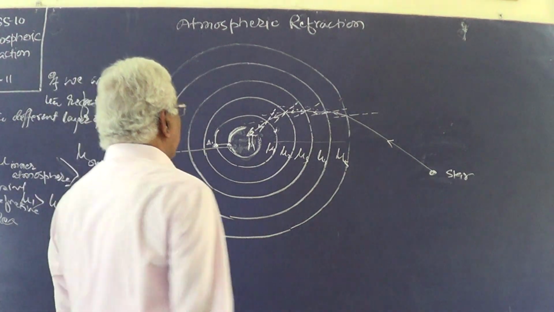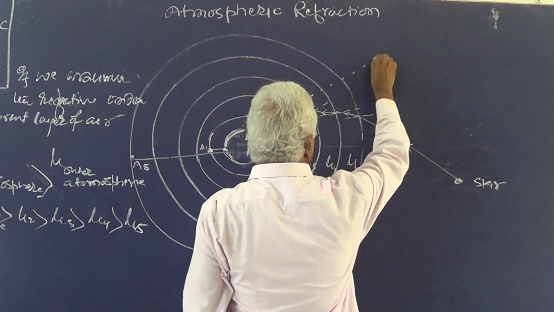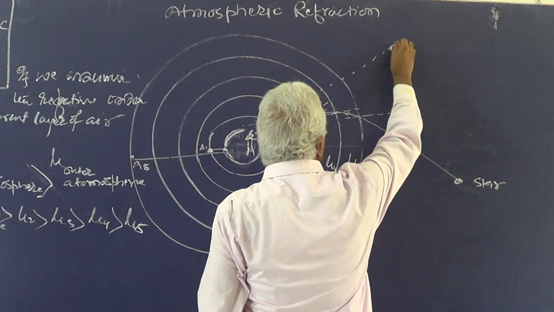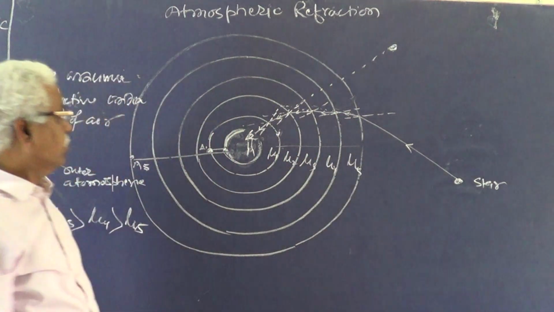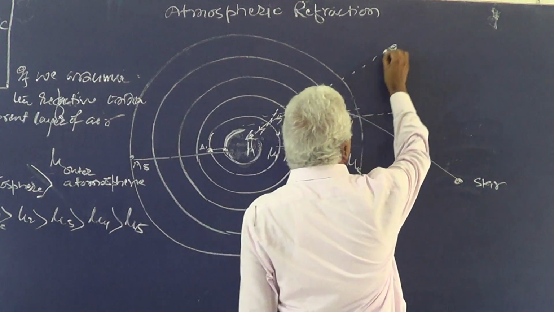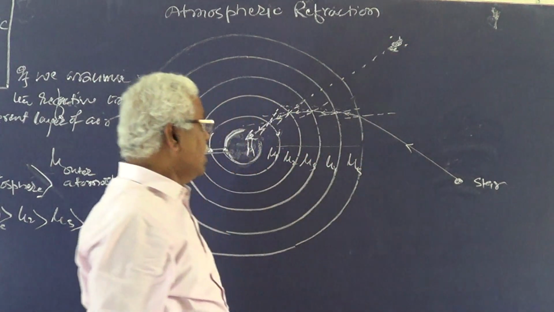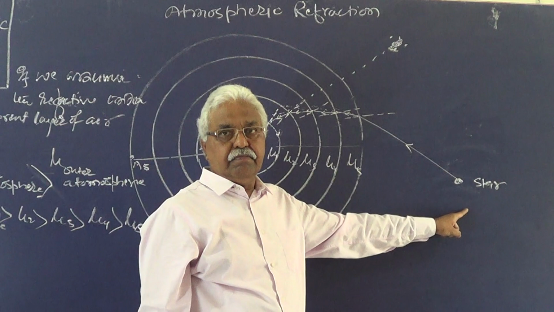Actually ये आदमी का होता क्या है, ये सोचता है कि a star is here. You are seeing that a star is here. But actual star is here.